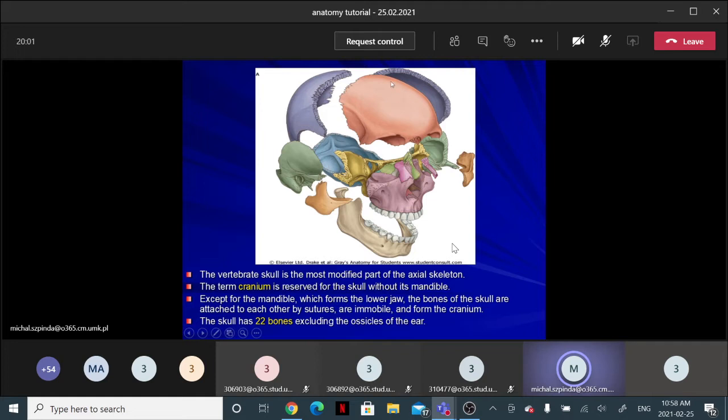So here, apart from this, the neurocranium is further separated into two parts. A very difficult cranial base and a very easy calvaria or fornix or roof.